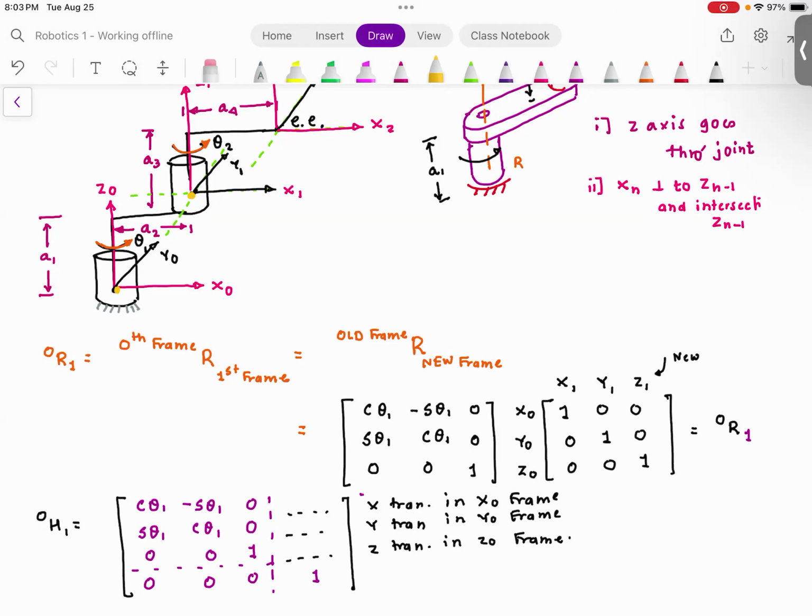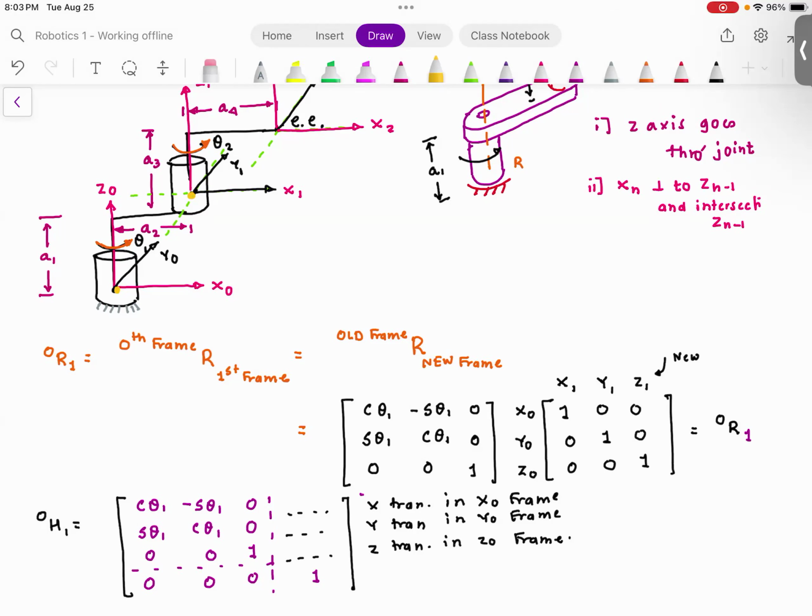If you don't agree with me, here is what I want you to do. Let me give you an example. So this is basically the robot. You are looking from top. This distance is A2 when theta is 0. But now you are providing a positive rotation. So when theta is rotated in a positive direction, can you see this X0 distance is going to be A2 cosine theta? Look from top.